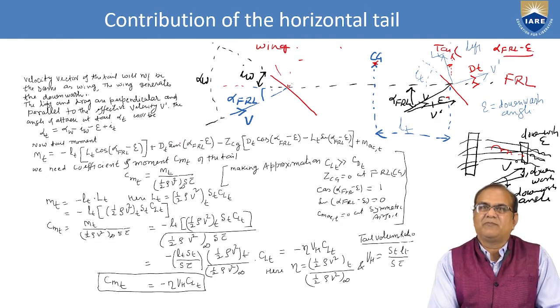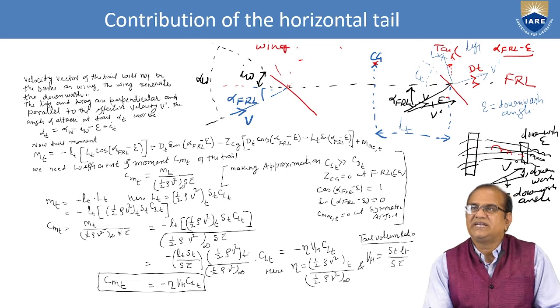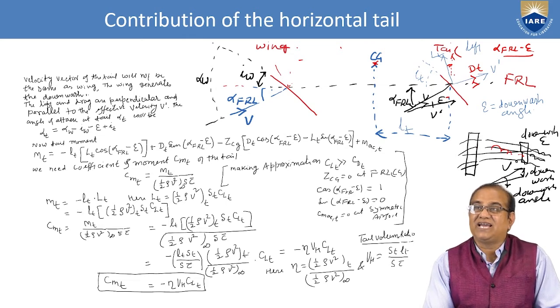This angle is alpha FRL minus epsilon, plus DT vertical, which will be sine in the same direction.